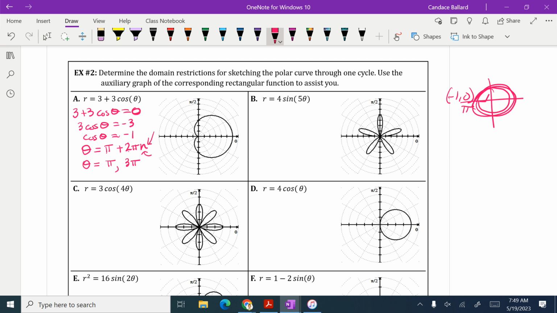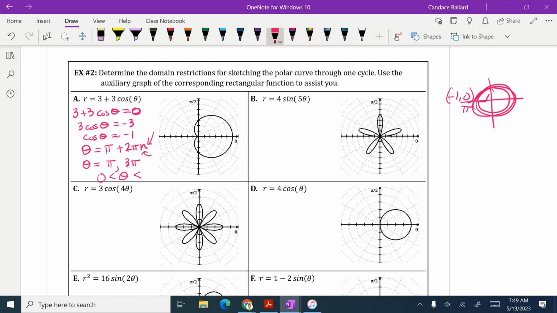So I'm going to look at my domain. This is trying to help me narrow down where it is. I know it's probably going to start at 0, and probably not going to end at pi. It's either going to end at pi or probably 2 pi, because 3 pi we know is going to go around too many times.